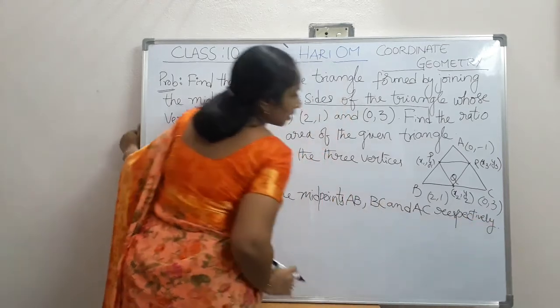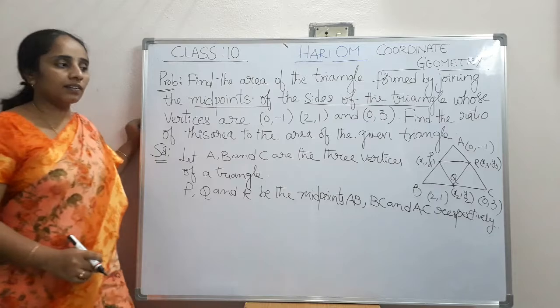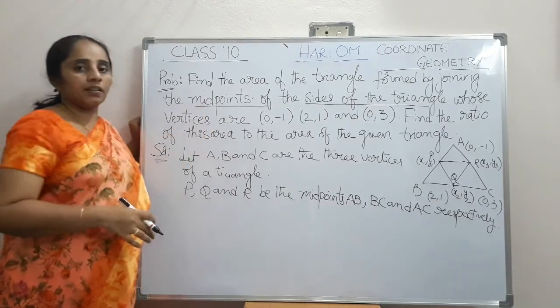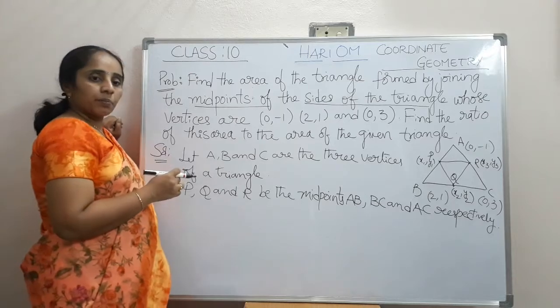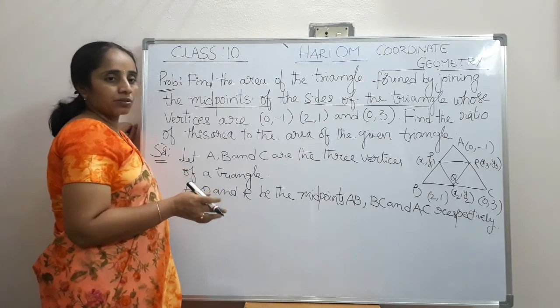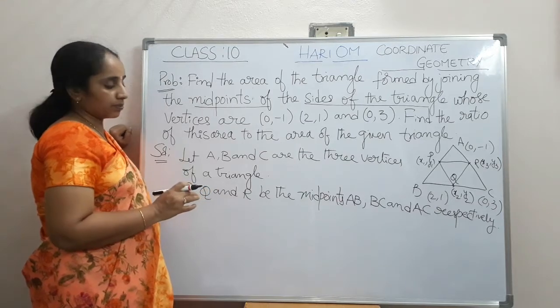So first we should find the midpoints of AB, BC, CA. What is the midpoint formula? It is ((x1 + x2)/2, (y1 + y2)/2).